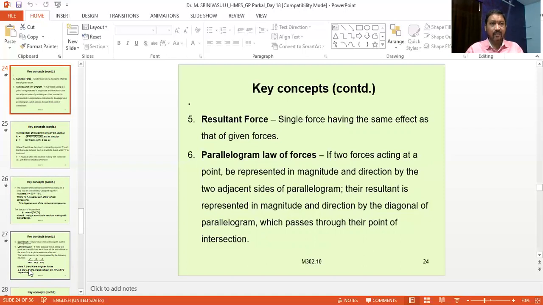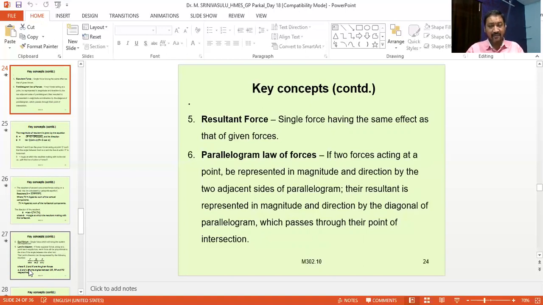When the parallelogram is constructed with the help of the two adjacent sides with the given angle between them, by taking some suitable scale, the diagonal of the parallelogram will represent the magnitude of the resultant and also the direction.